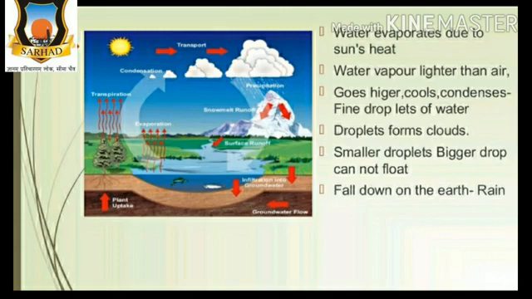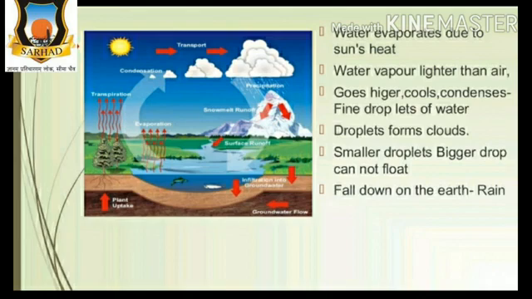As water vapor is lighter than air, it rises high up into the atmosphere. As it goes higher, it cools and condenses, forming very fine droplets of water. The droplets are so small and light that they float in the atmosphere, forming clouds.